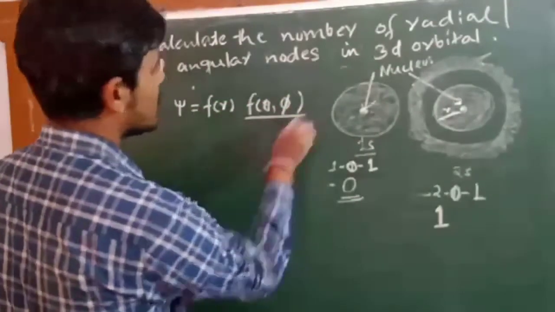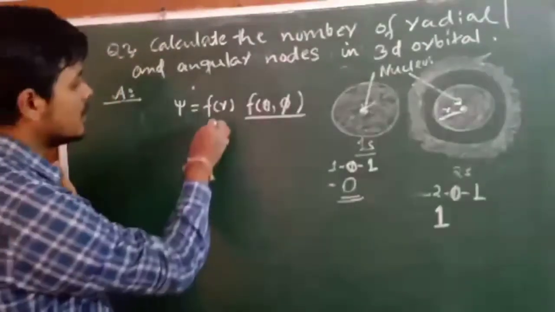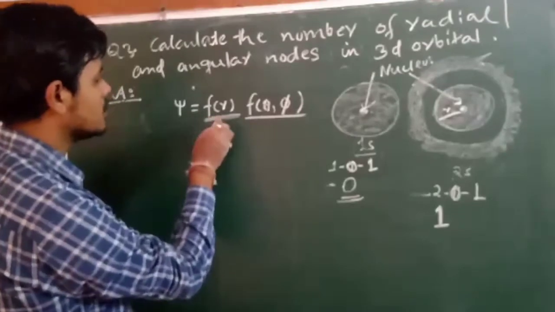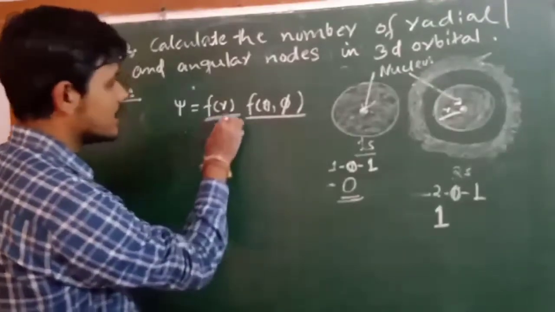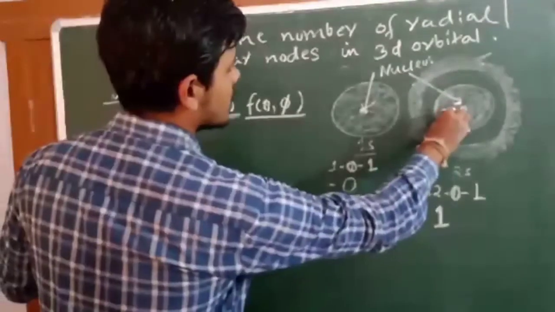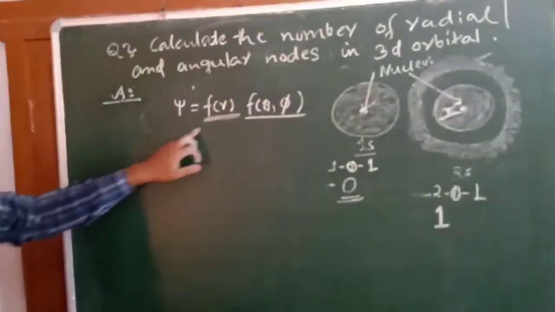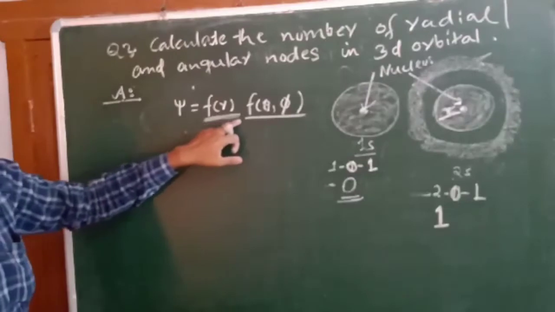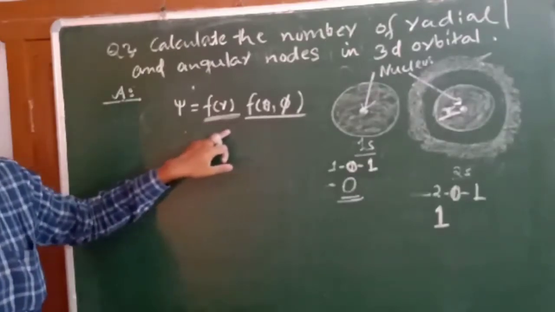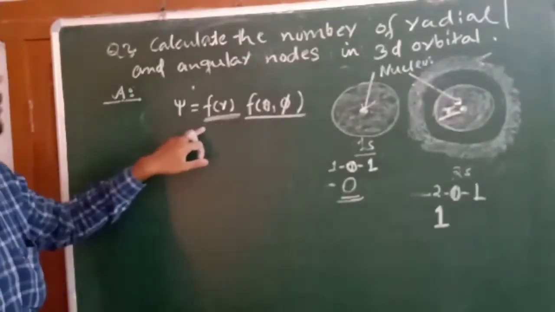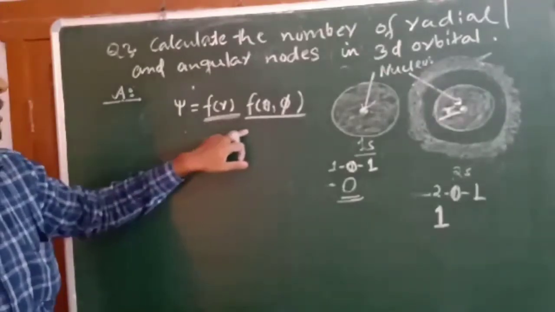These are called polar coordinates, and this r is the distance of the electron from the nucleus. So this f of r is called the radial part of the wave function, which depends upon the distance from the nucleus.